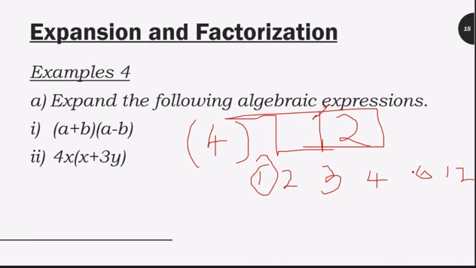The other way you can expand these factors to get the number 12, you can also multiply 2 and 6, which gives you 12. If you multiply 3 and 4, it gives you 12 again.